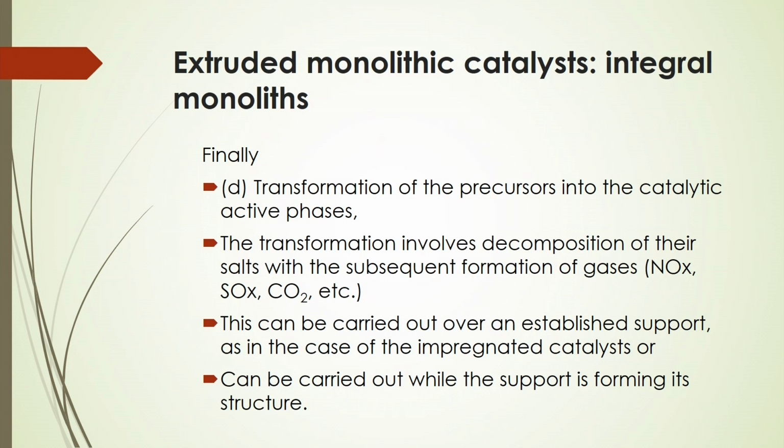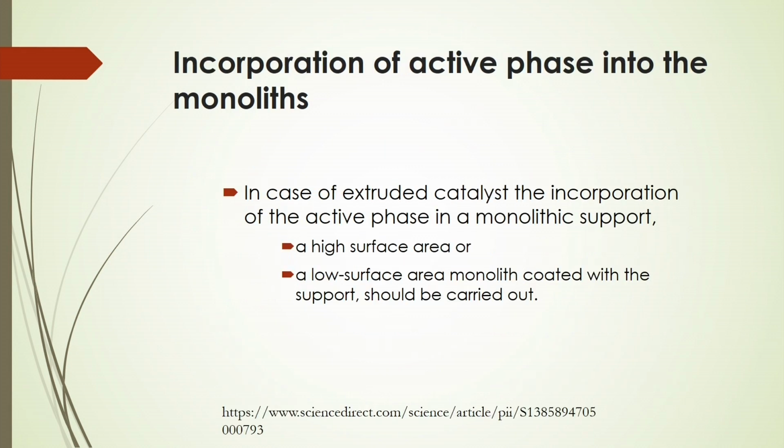This can be carried out over an established support, as in the case of the impregnated catalyst, or you can do it while the support is forming its structure. Up to this point, we have seen the different procedures of preparing monolithic structures, whether ceramic foam, high surface area or low surface area based monolith structure.